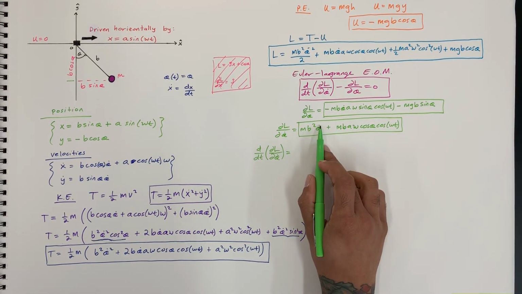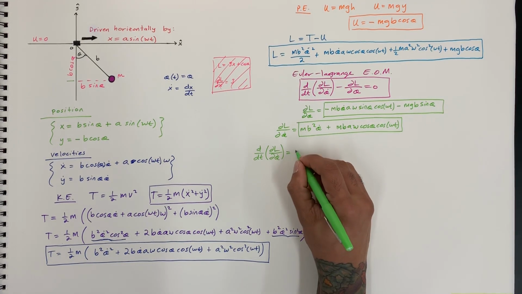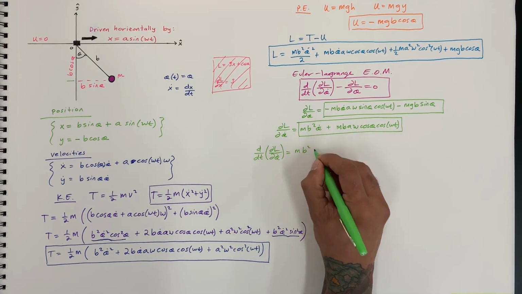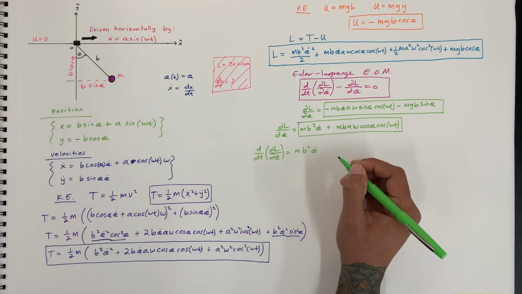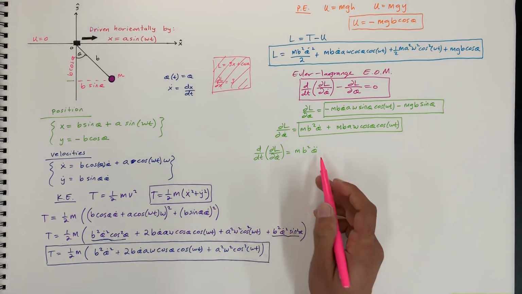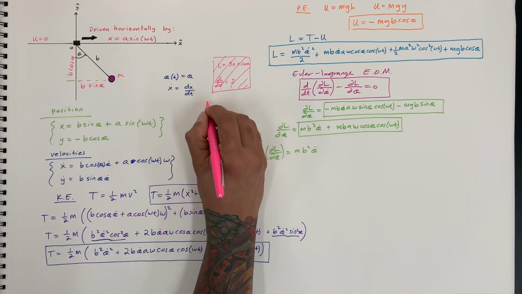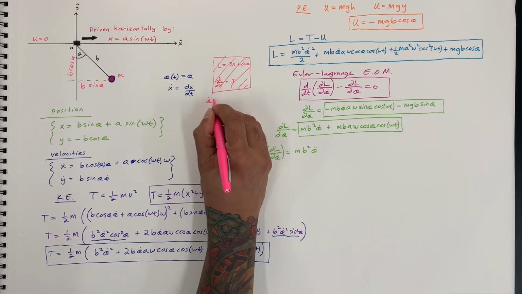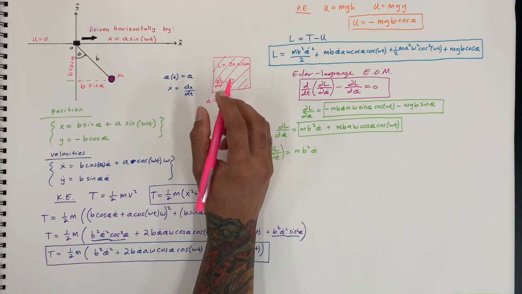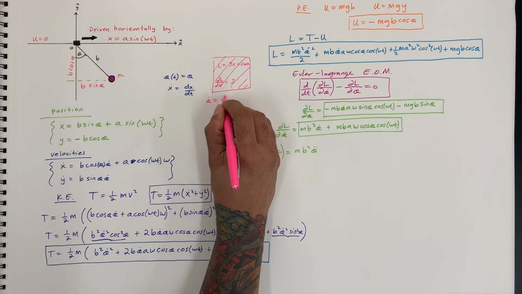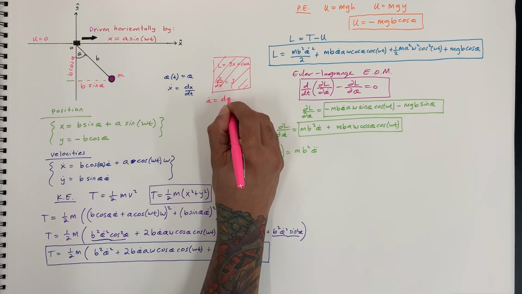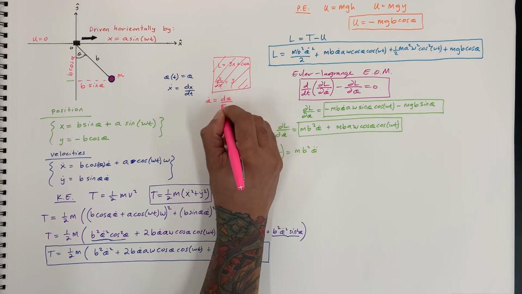We're just going to take the derivative of theta dot, and that's going to be b squared theta double dot. Okay, so again, a side note, if that was confusing to you, we have theta dot is equal to d theta over dt.